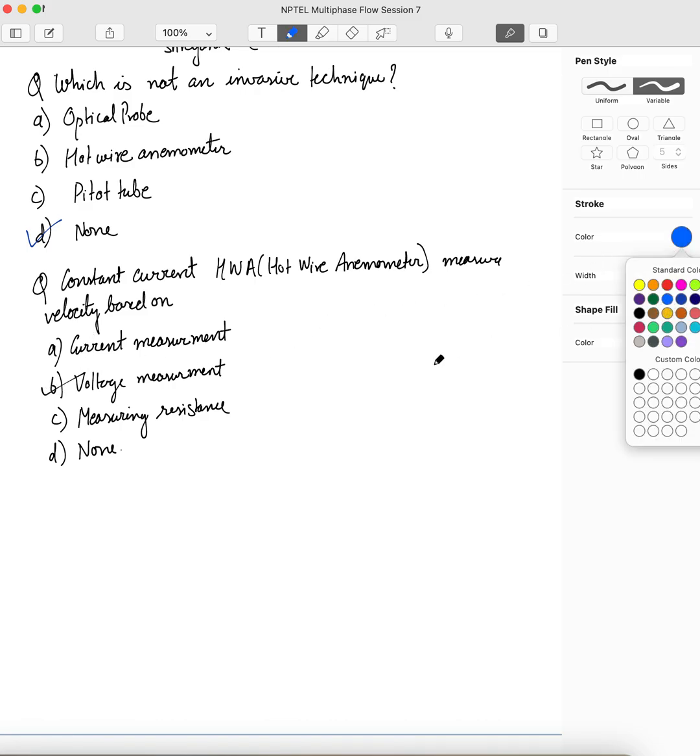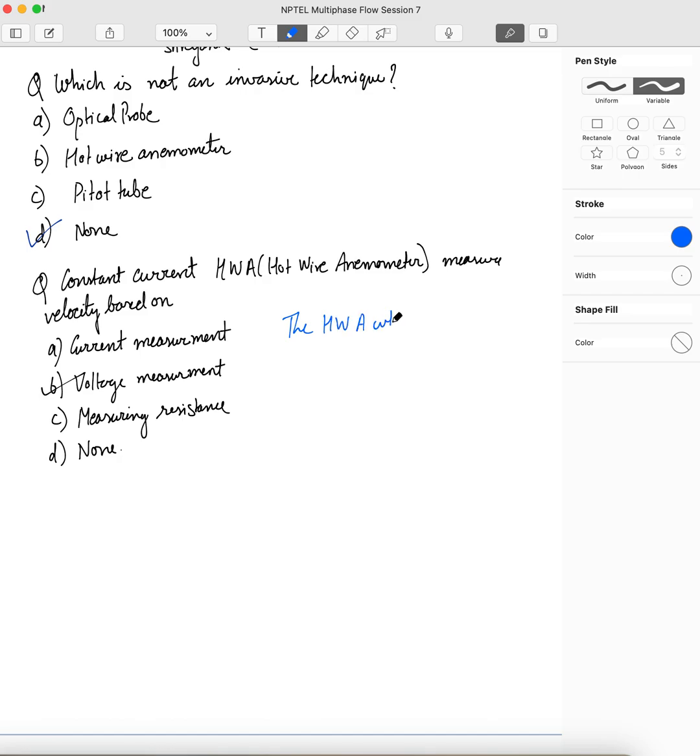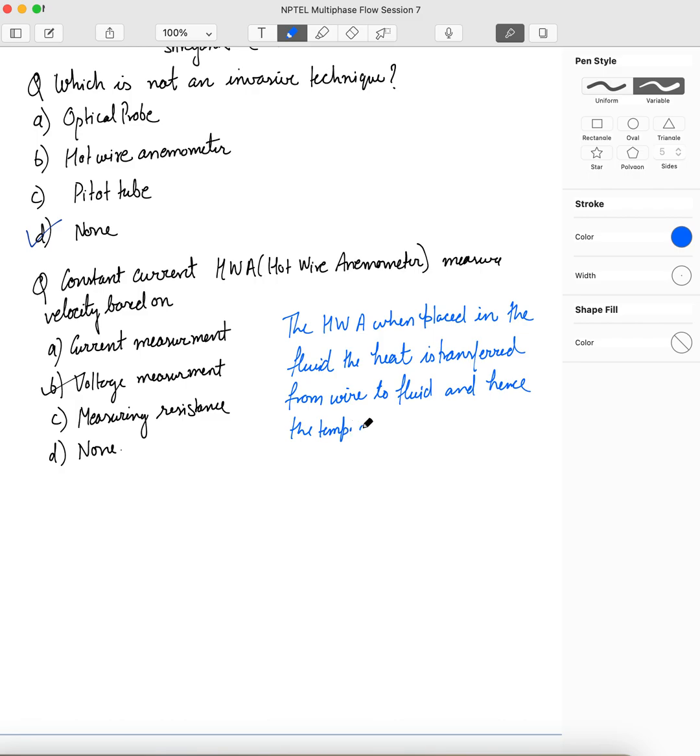Okay, so I am also writing the reason why this is correct. The hot wire anemometer, the HWA, when placed in the fluid, the heat is transferred from the wire to the fluid, and hence the temperature of the wire reduces.